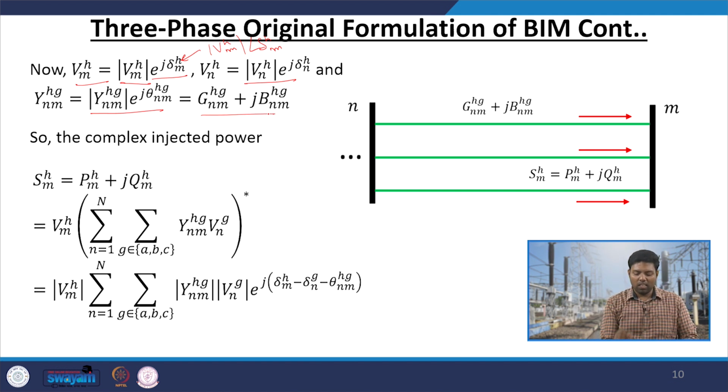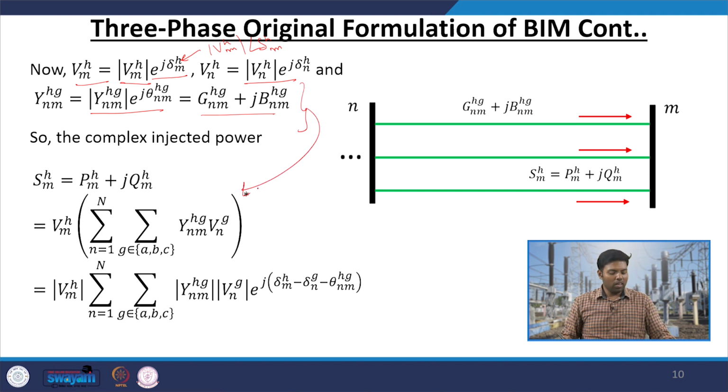So, in rectangular coordinates that is conductance plus susceptance. Now, put all these things in your previous power equation and expand. So, for Y_nm we put the magnitude Y_nm and e to the power j theta_nm, with this voltage value, this is your V_ng.